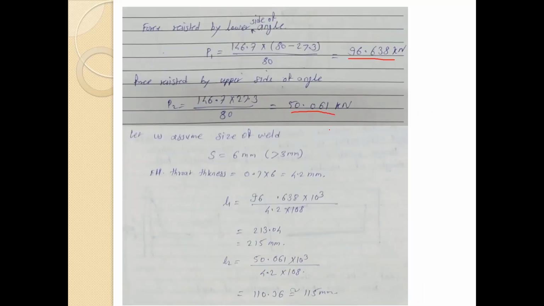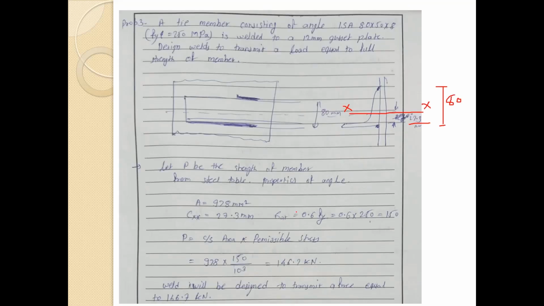So let us assume the size of the weld, that is S equals 6 mm, which should be greater than 3 mm. So the effective throat thickness, that is K into S, that is 0.7 into 6, which is 4.2. So L1, that is the length of the connected lower side leg, is 96.638 into 10 raised to 3 divided by 4.2 into 108, which is the strength of the weld.